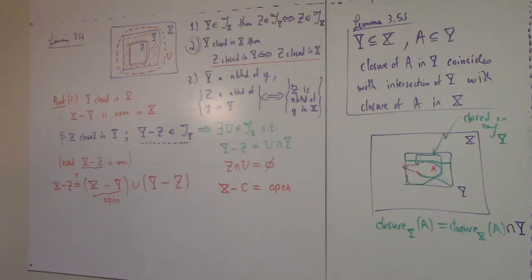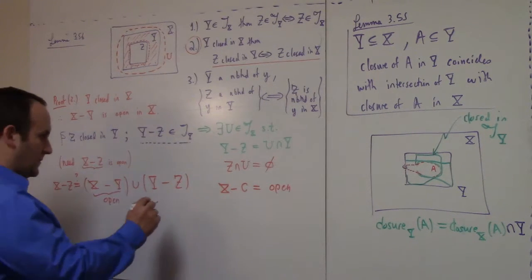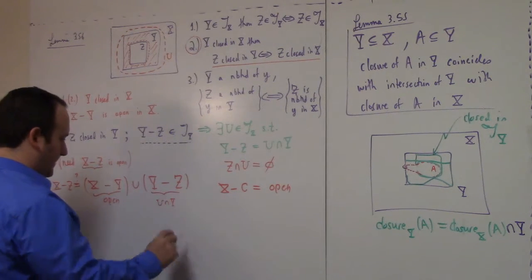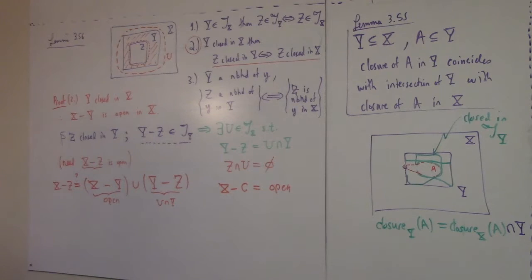Okay, so we can replace Y minus Z with U intersect Y, right? And then is there a distributive property with unions and intersections? But Y is closed, even though U is open. Is A union B intersect C equal to something like that?